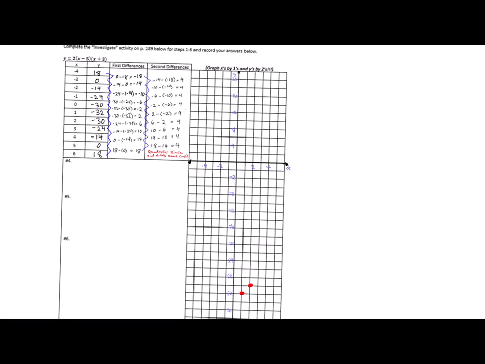So the next one is going to be 2, -30, and the next should be 3, -24, and then the next point should be 4, -14, and then I skipped that. I could actually add that point, but I chose not to. You can add that if you want. And now we have the general parabola going on here.